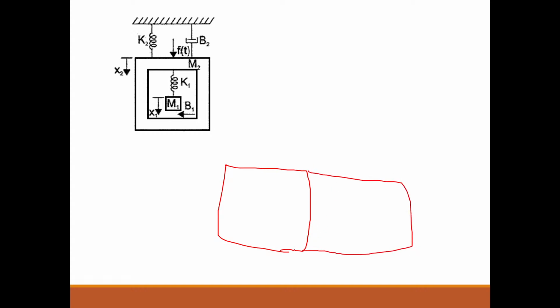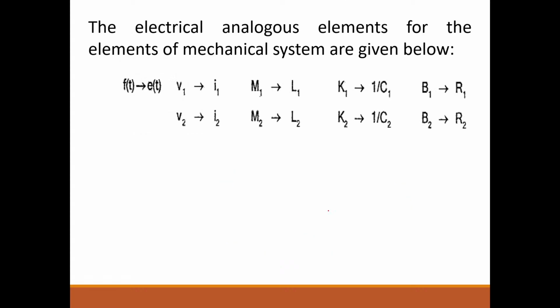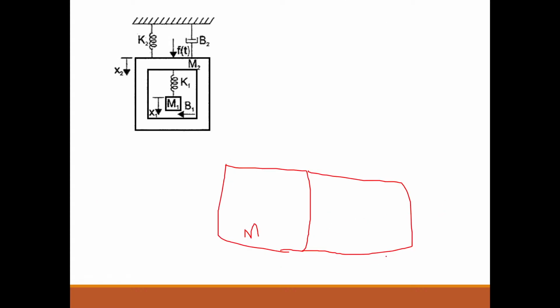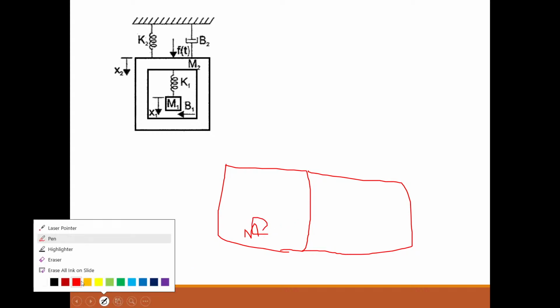Let us draw two meshes. Let us assume this as mesh 1, mesh 2. You can write down here mesh 1 and mesh 2. Sorry, I didn't write properly.